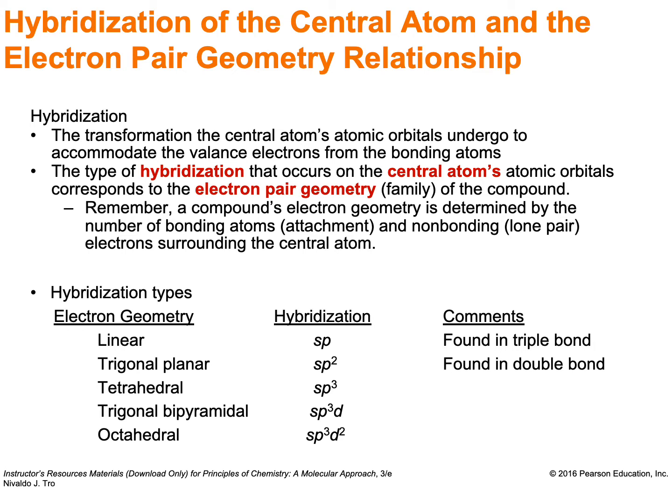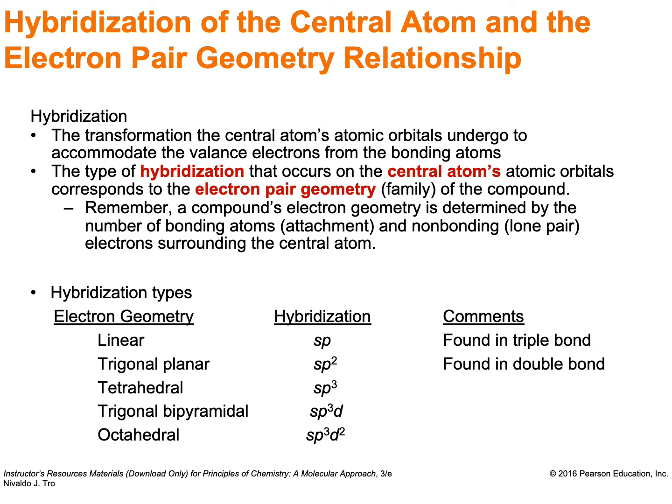Now it's easy to associate the hybridized orbitals with the electron geometry. Going back to the top of that list, linear, where you have 2 areas, that's basically one s and one p coming together to form an sp. Trigonal planar, where you have 3, you have one s and 2 p's coming together.